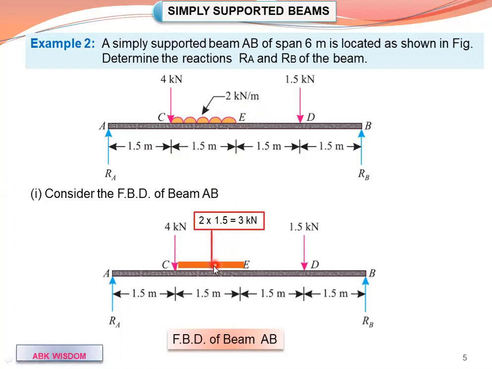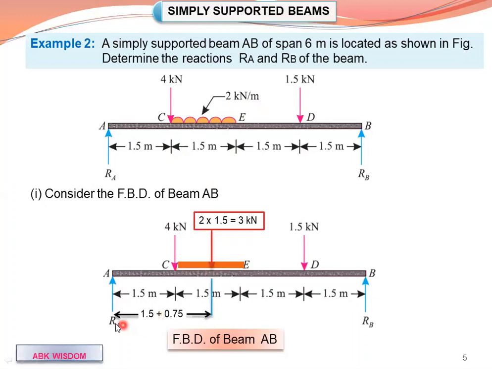Now the question is where this point force will act. The converted point force will act at the centroid of the UDL, that is the center of this CE portion on which the UDL is acting. So the midpoint of the CE portion is 0.75 meters.